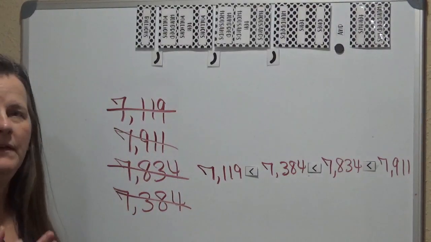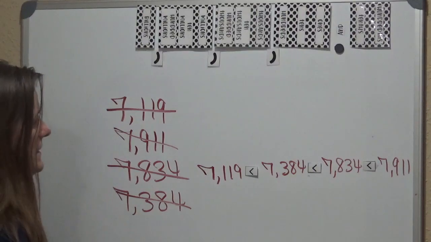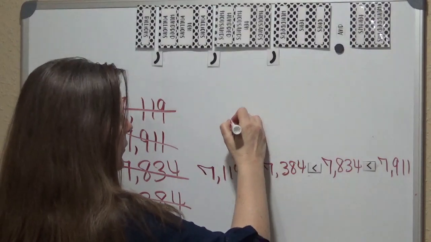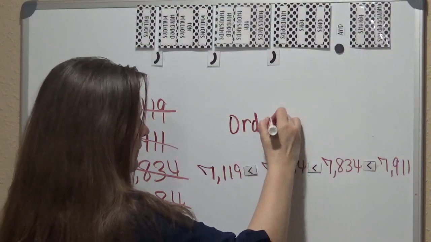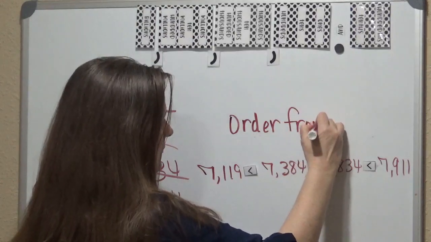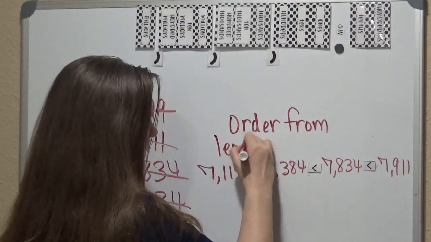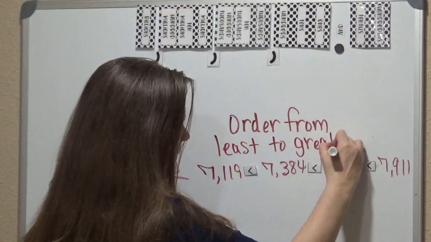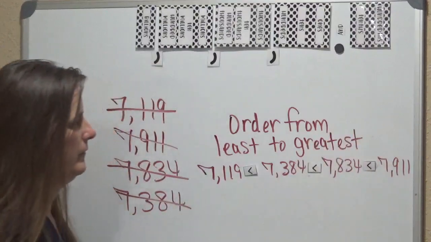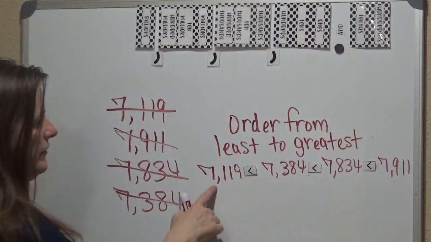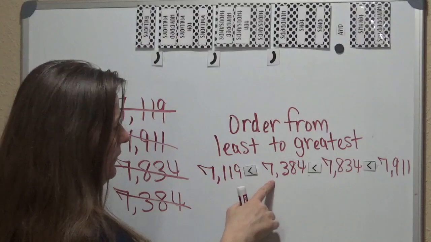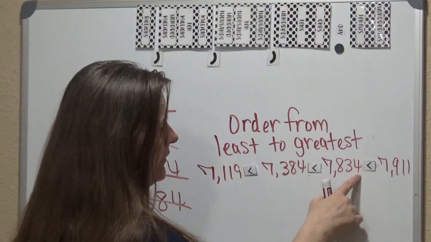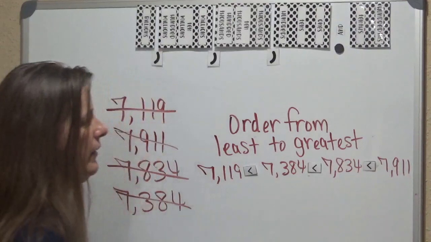Now, if it's going the other direction, these same numbers, this would be ordering from least to greatest. That would be ordering from least to greatest. 7,119 is less than 7,384, is less than 7,834, is less than 7,911.